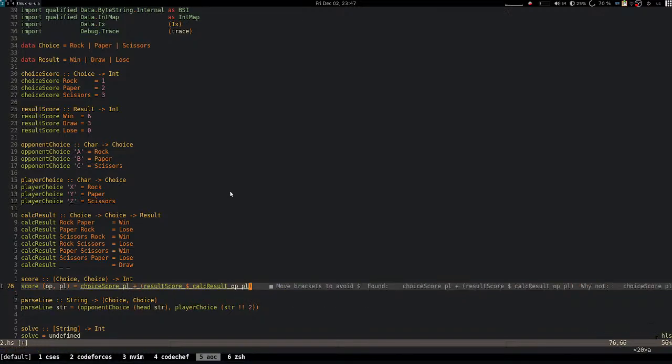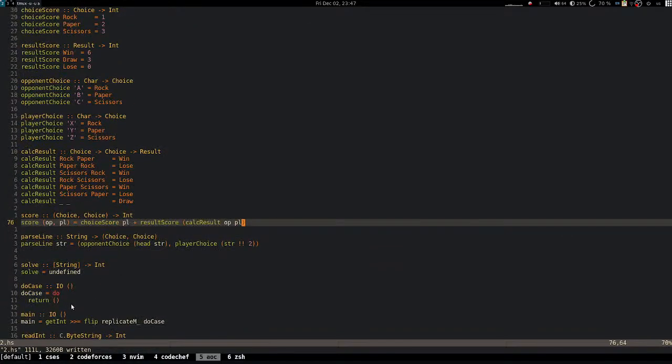Something like this. So now it works, right? Now it works. So, now we have this score function.